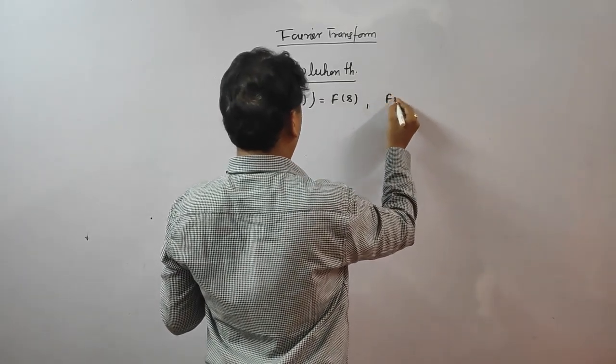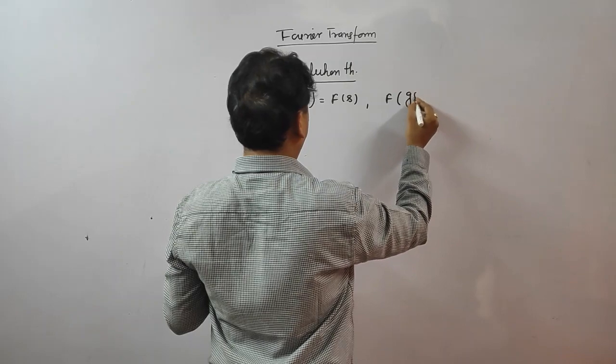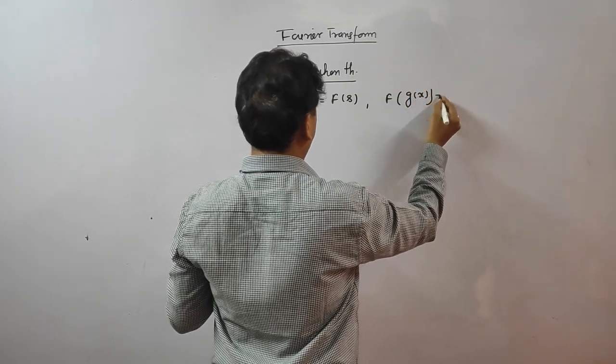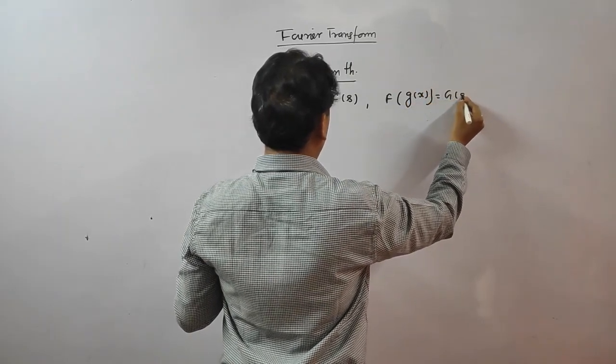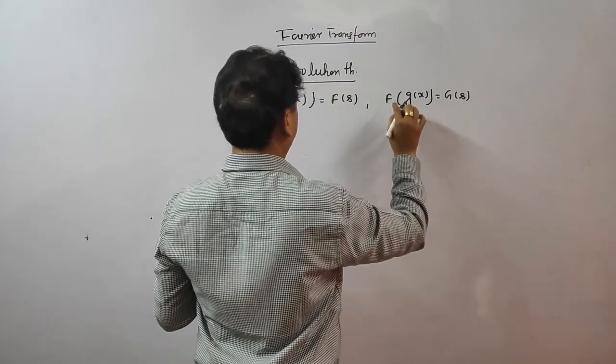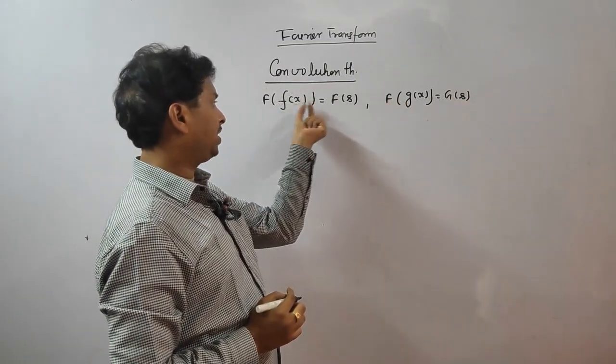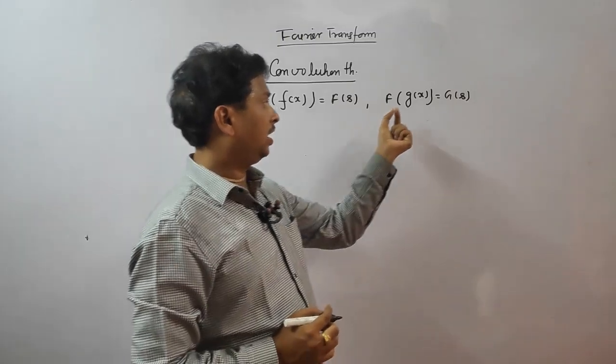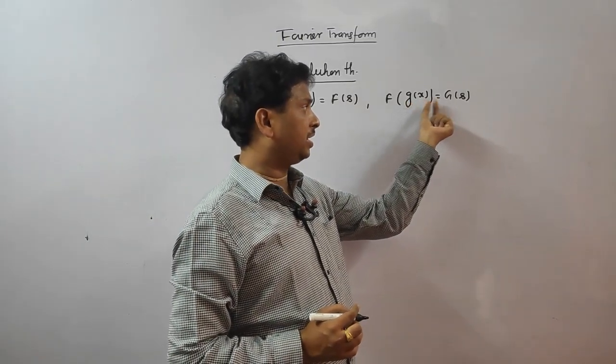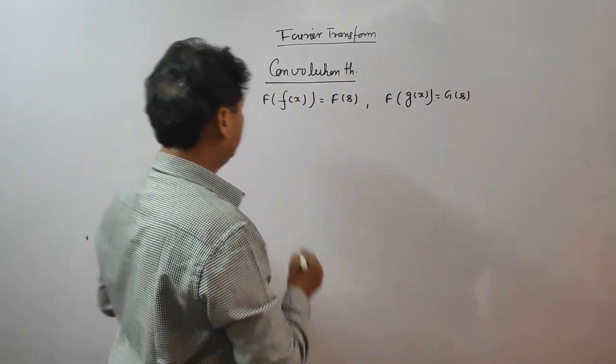Now you calculated the Fourier transform of some other function that is called g(x), and we denoted it by G(s). So the Fourier transform of f(x) is capital F(s) and the Fourier transform of g(x) is denoted by G(s).